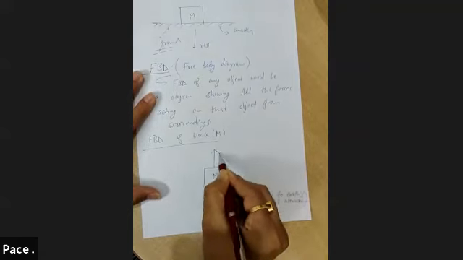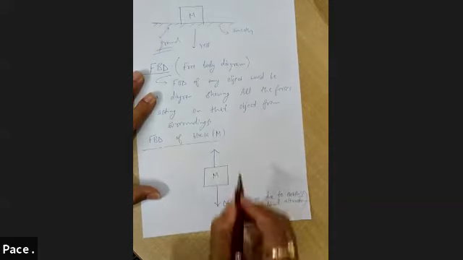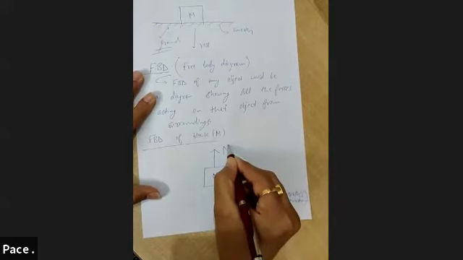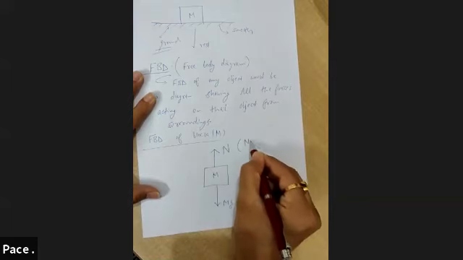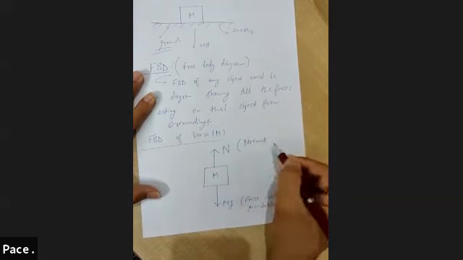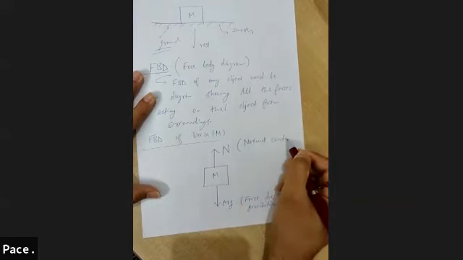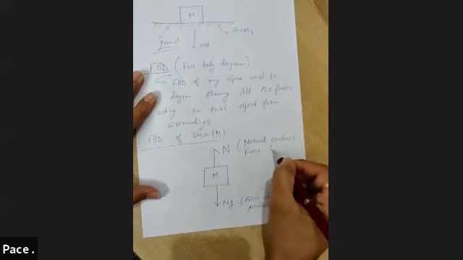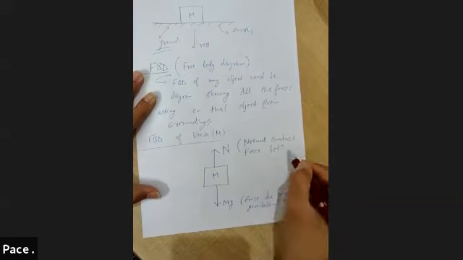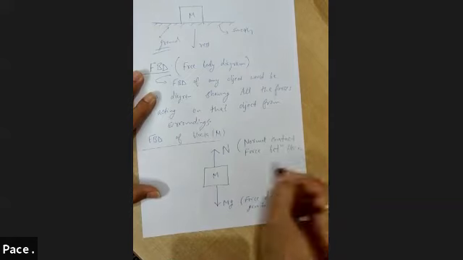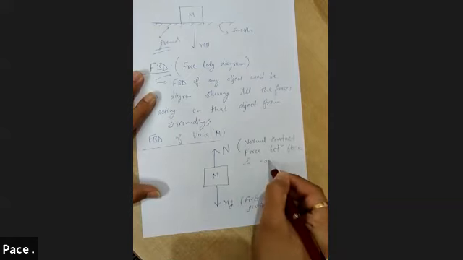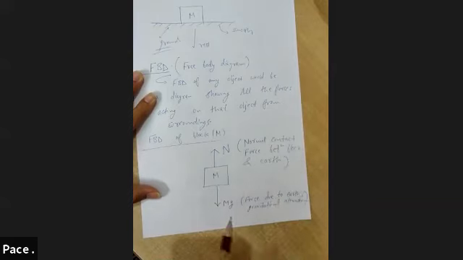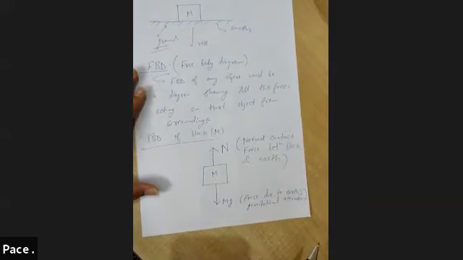This arrow will give you the direction of force applied. So let's say capital N. What is N? N is the normal contact force between block and Earth.